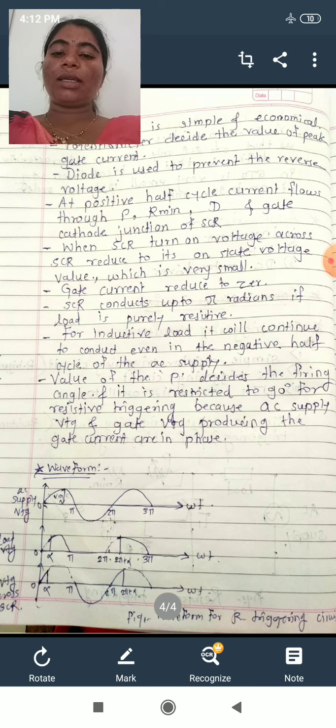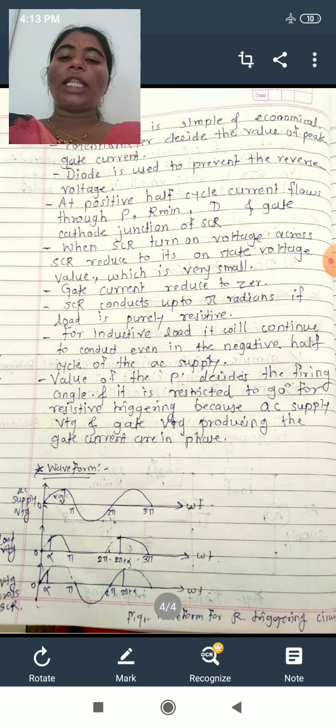Basic point: when the SCR turns on, voltage across the SCR is reduced to its on-state voltage value, which is very small, and we can say it is negligible. Now the gate current reduces to zero. When the SCR gets turned on, gate current reduces to zero, so the gate pulse is not necessary continuously. Now this SCR conducts up to pi radians if the load is purely resistive, and it conducts into the negative half cycle also when the load is inductive.